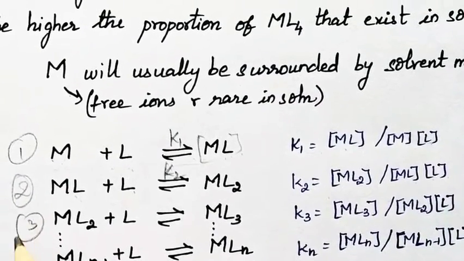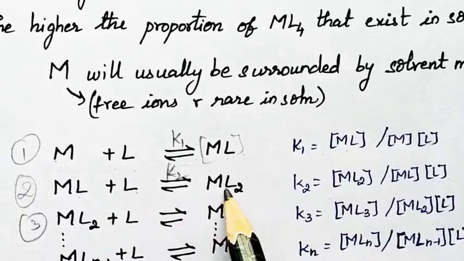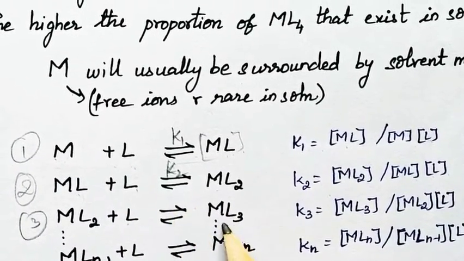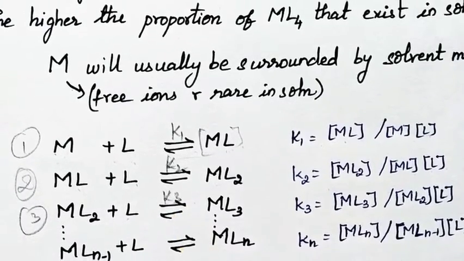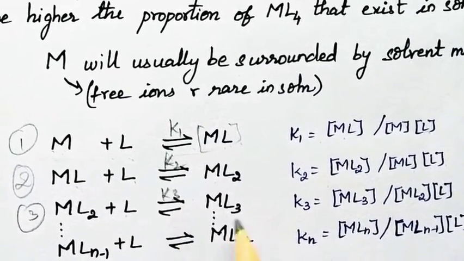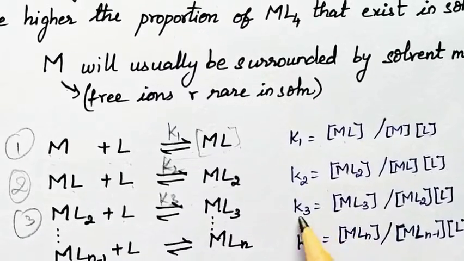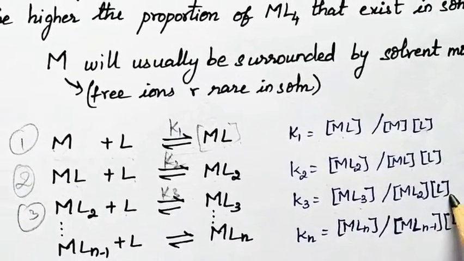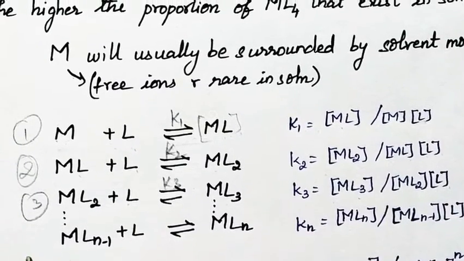In the third step, ML2 bonds with one more ligand and forms ML3. Here I take K3 as the equilibrium constant. So K3 is equal to concentration of ML3 by concentration of ML2 into concentration of L, and this will go on.